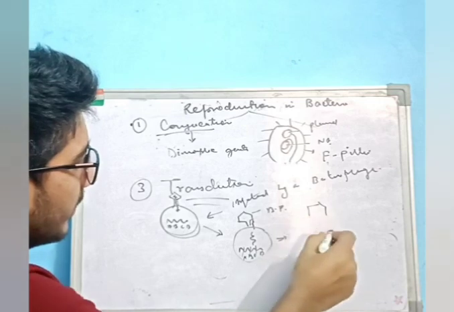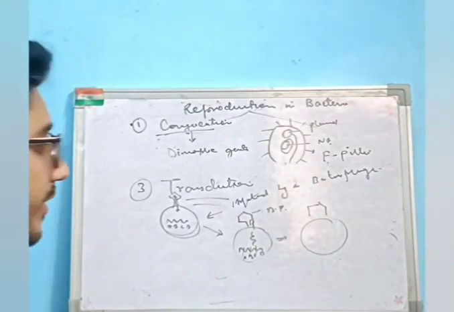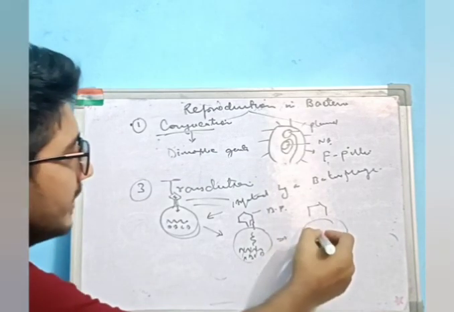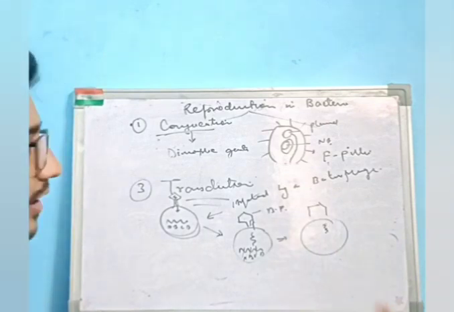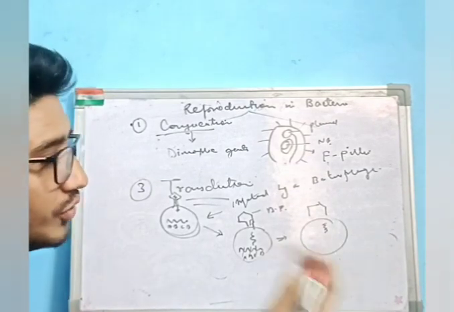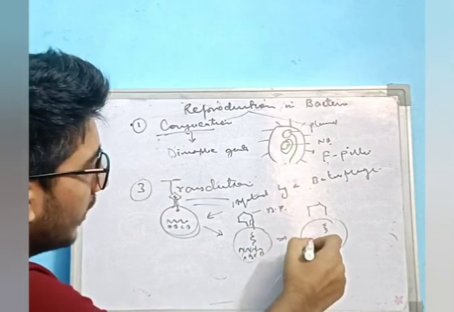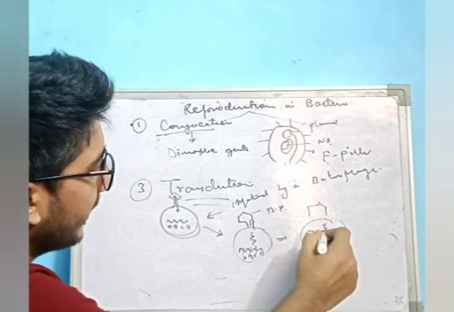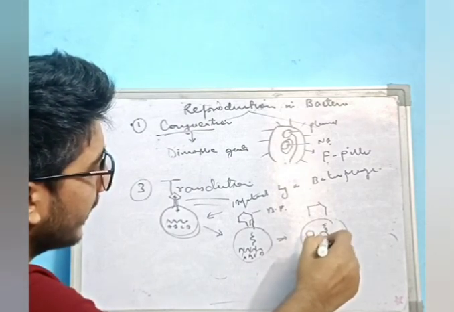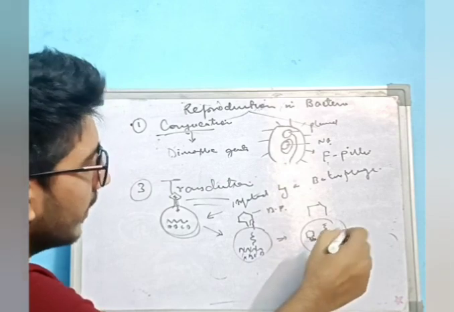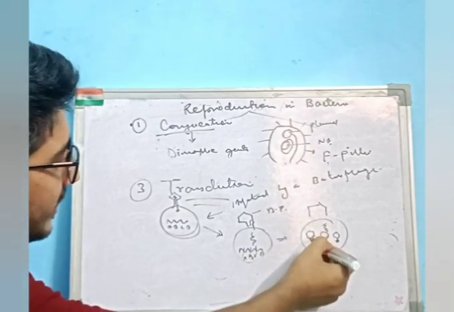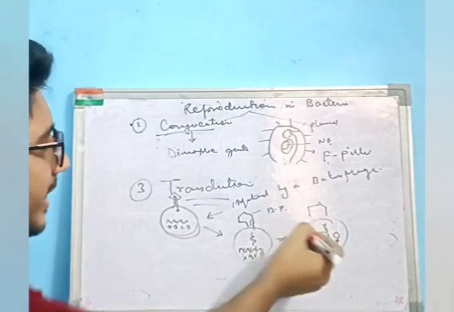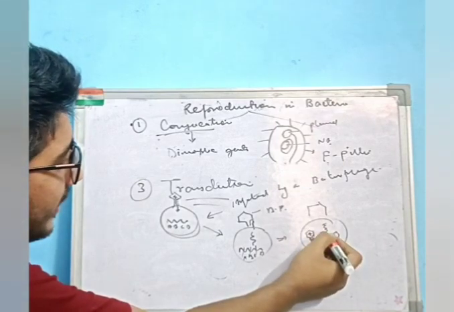They capture the host genetic machinery and start making their own proteins, and the bacteriophage replicates in the host genome, in the bacterial cell. When the bacteriophages complete their life cycle and replication, they start packaging. In the packaging, a few genes of the host bacteria get packed into these bacteriophages.